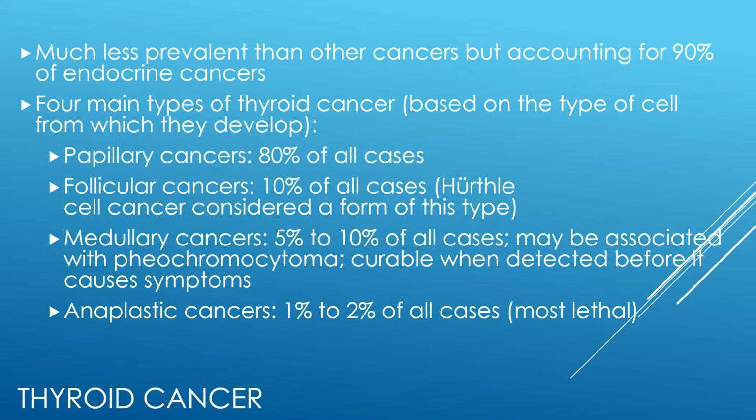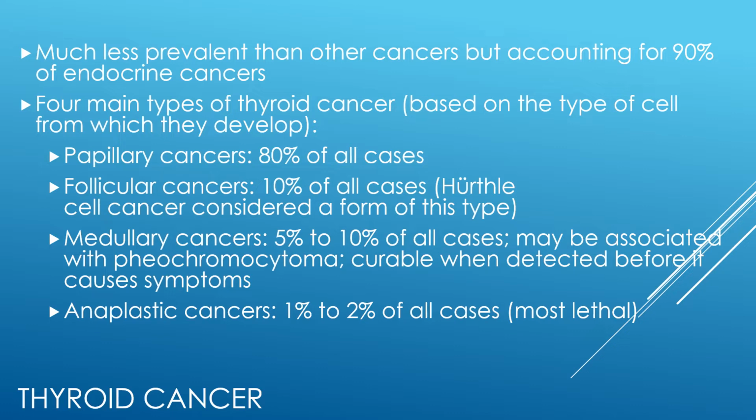Medullary cancers are 5 to 10% of all cases and may be associated with pheochromocytoma, which is very curable when it's detected early, but also there are a lot of medications that can cause medullary thyroid cancer, so that's interesting to know. And then anaplastic cancers, 1 to 2% of all cases, which is the most lethal.